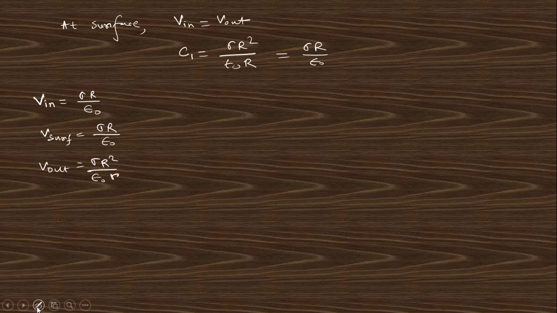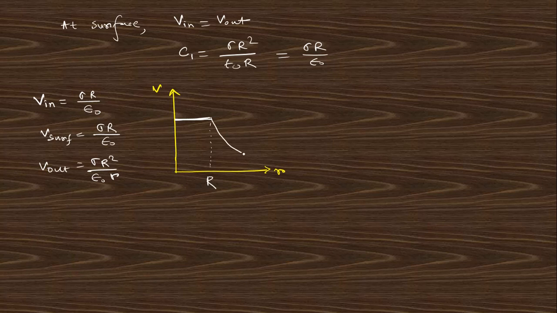So if you want to draw the curve of V versus r: for inside, this will be constant up to the surface, this constant value at capital R. With increasing r outside, this will reduce.